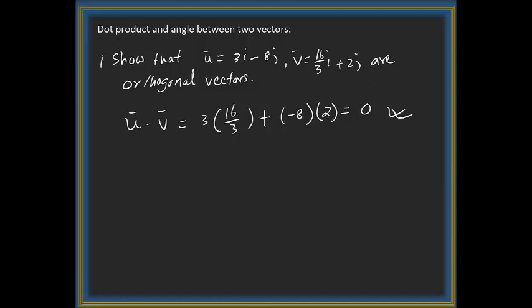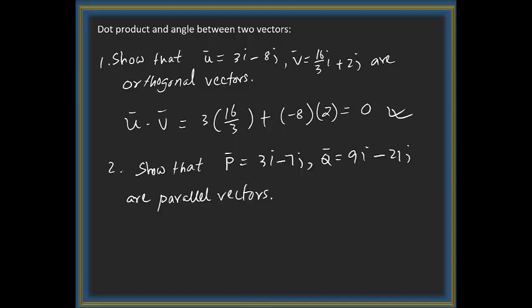I'll take another example. For the second example, P is the vector 3i minus 7j and Q is the vector 9i minus 21j, and we want to show that they are parallel vectors.